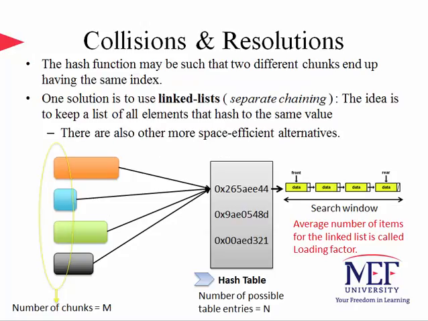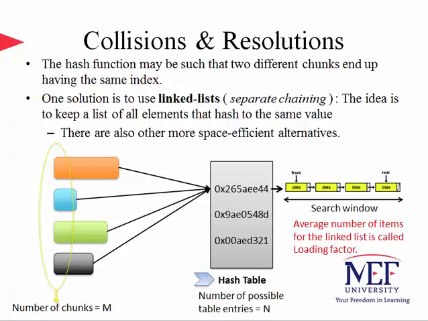Finally, I'd like to slightly touch upon a common solution that is used to resolve hash collisions in the deduplication context. This method is known as separate chaining, and there are also other methods based on different techniques. Separate chaining is based on linked lists. The idea is to keep a list of all elements that hash to the same value.